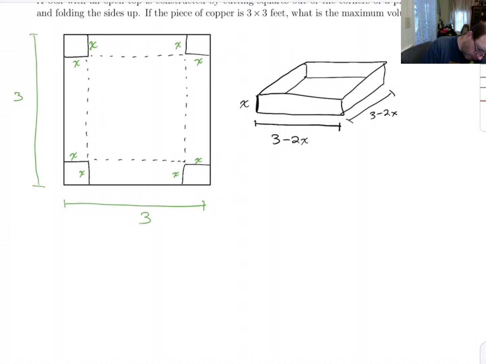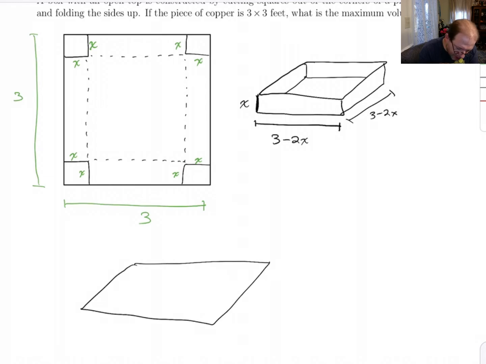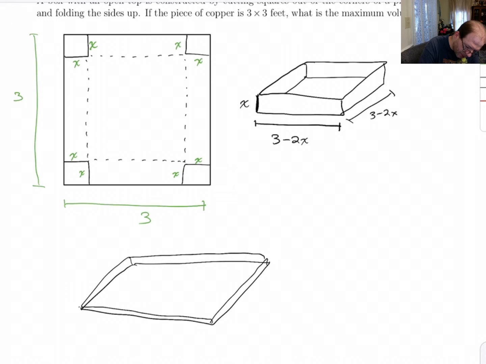Now, before we do that, I want to talk about the wrong way to do this. There's going to be some x that's the best. We don't want x to be too small. If x is really small, then we wind up getting something that's really just a flat sheet, or maybe a flat sheet with a tiny lip on the side, like a cookie sheet or something, and that's not going to have much volume in it.